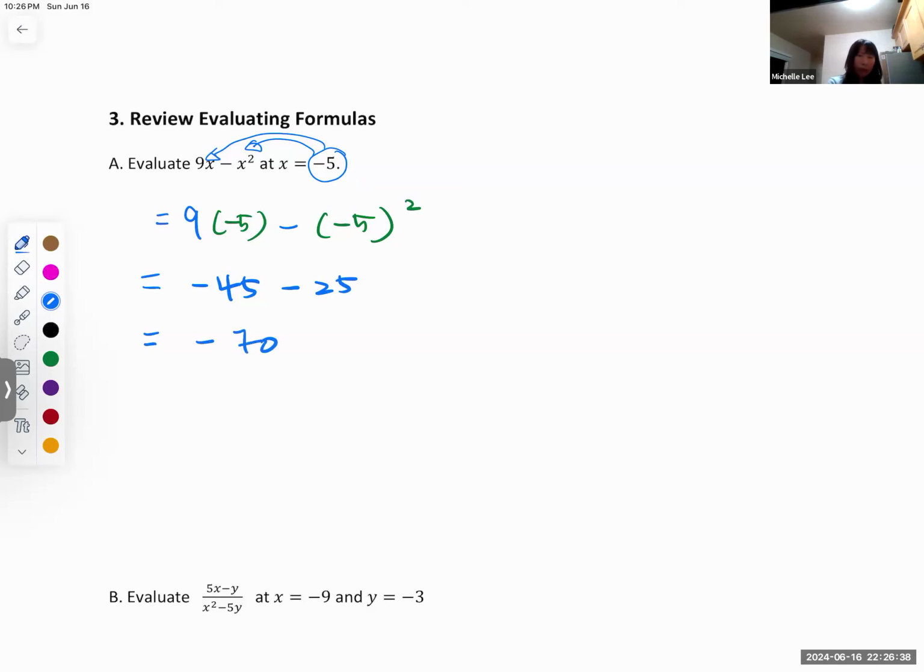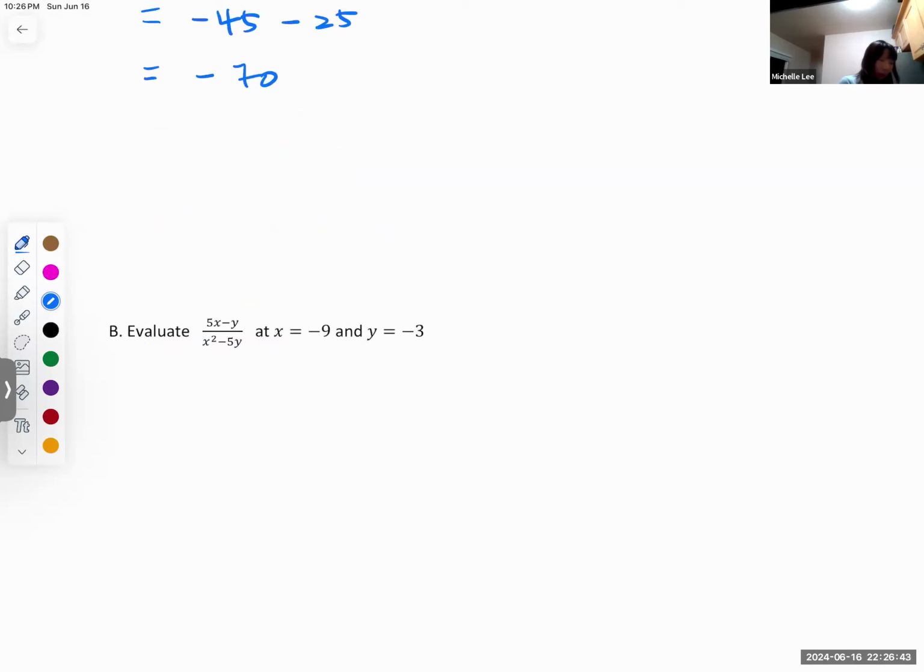Okay. This will be similar. We substitute. Well, in that case, we have x and y, right? So we substitute when x equal to negative 9, and when y equal to negative 3.